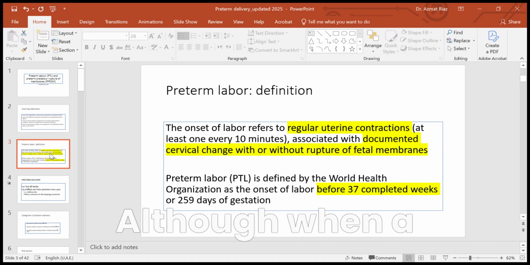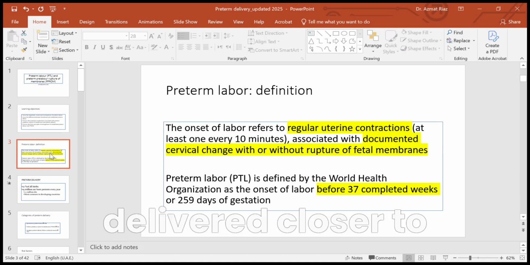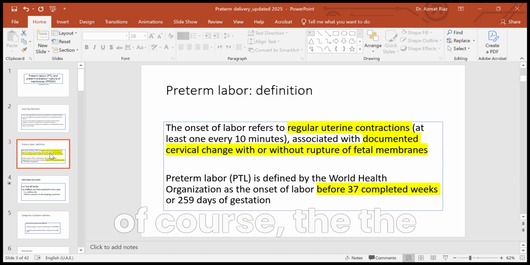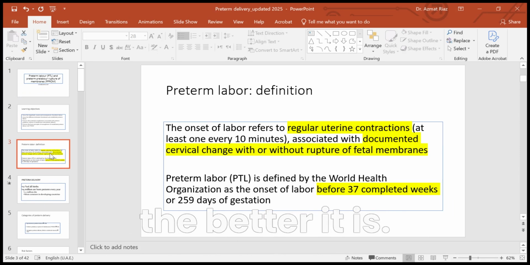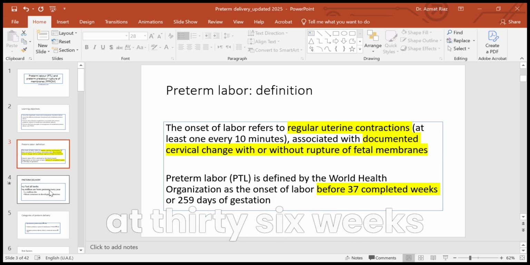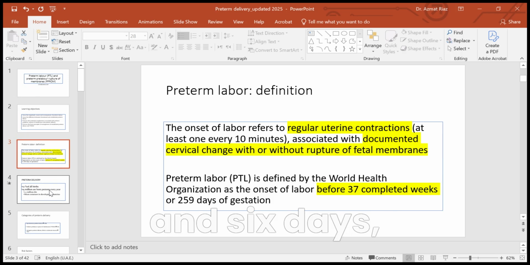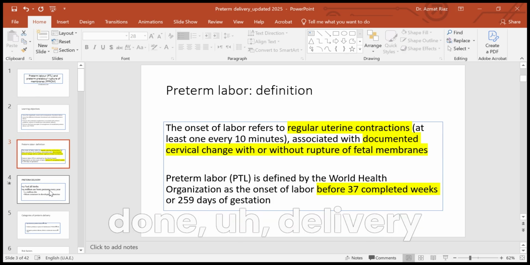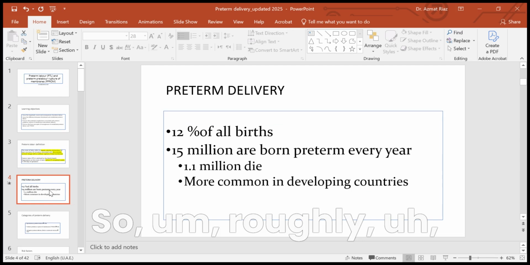Although when a baby is delivered closer to 37 weeks, of course, the better it is. Even if a patient delivers at 36 weeks and 6 days, just one day short of a term delivery, technically it is still preterm.